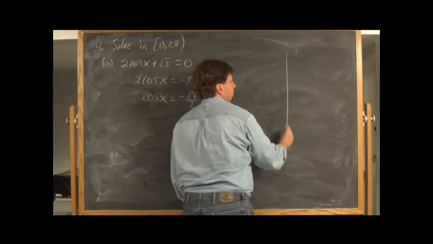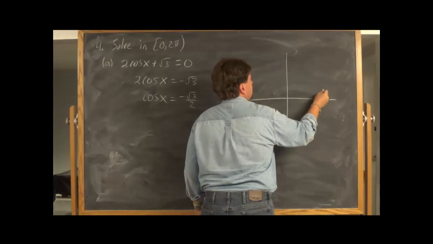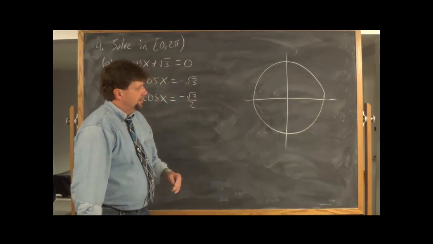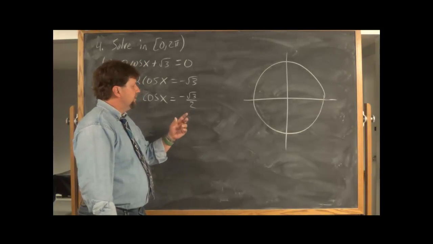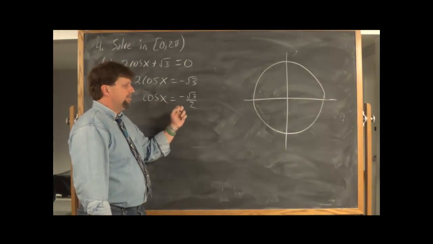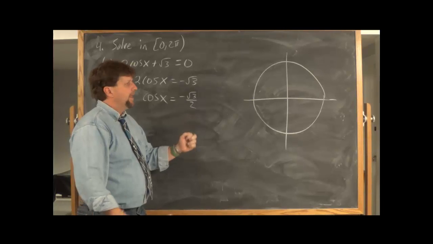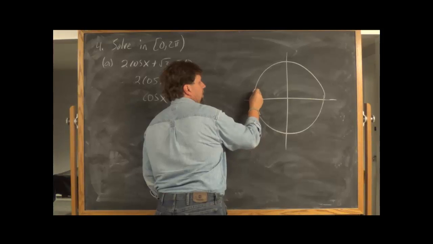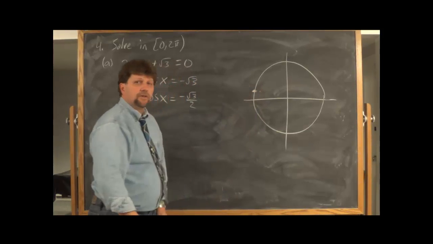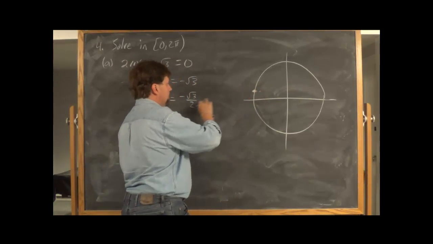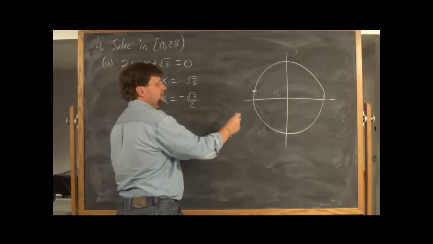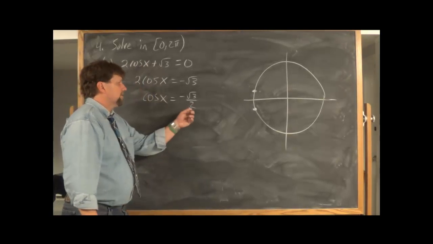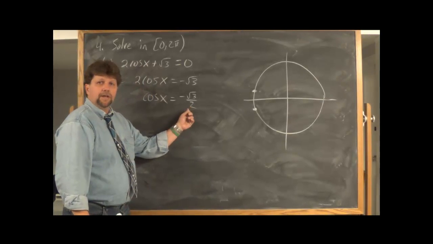Knowing the unit circle, now let me try to sketch another unit circle. And that's still not too bad for me. Knowing that on the unit circle, cosine matches up with an x-coordinate, and knowing that it's this point on the unit circle that will have an x-coordinate of negative square root 3 over 2, and this point on the unit circle that will have an x-coordinate of negative square root 3 over 2.